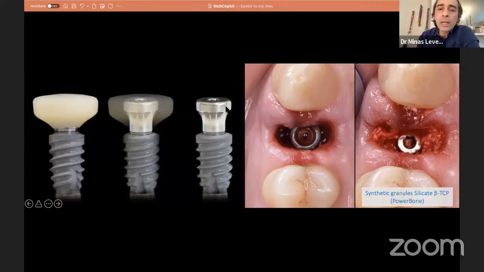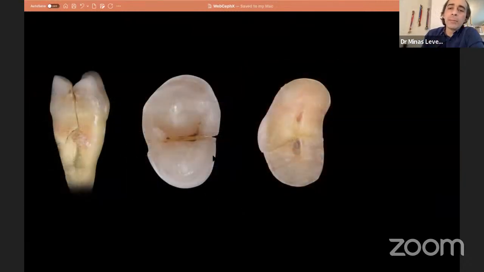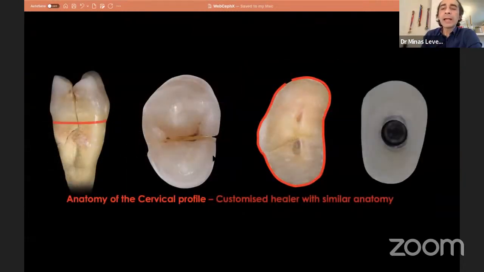So this is a stock abutment. It's not good enough. It's not enough to close and protect the space and to guide the healing. We need a customized anatomical abutment. And this customized anatomical abutment, as we can see, has the proper anatomy at the cervical aspect.